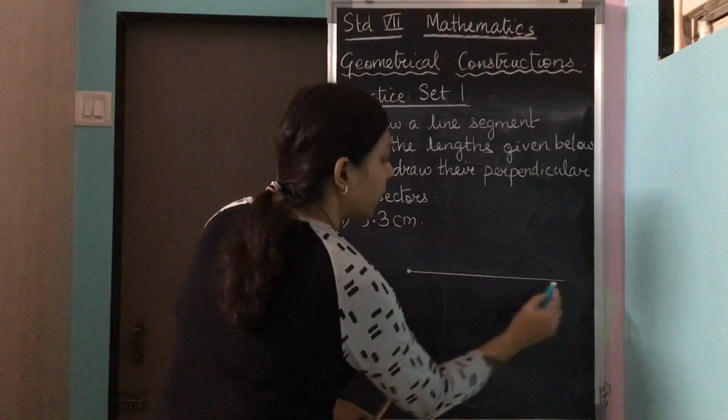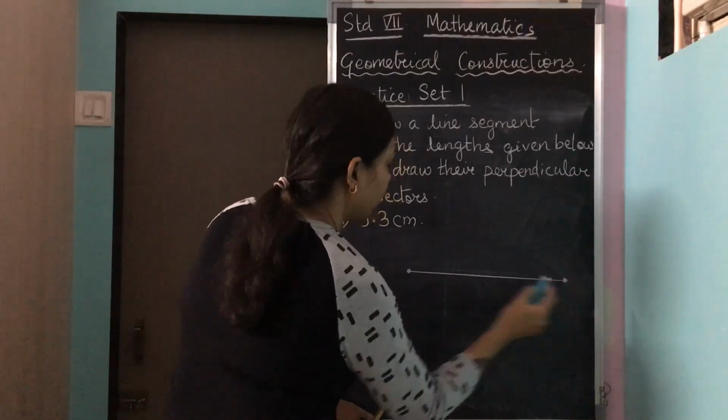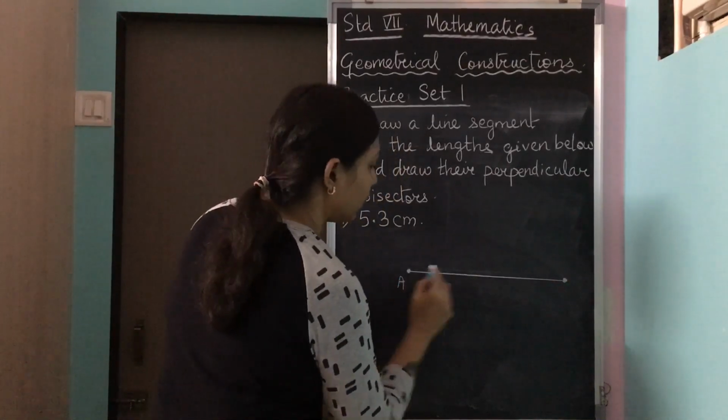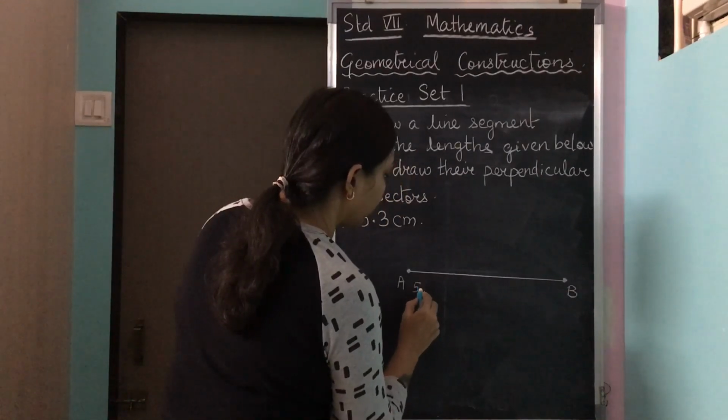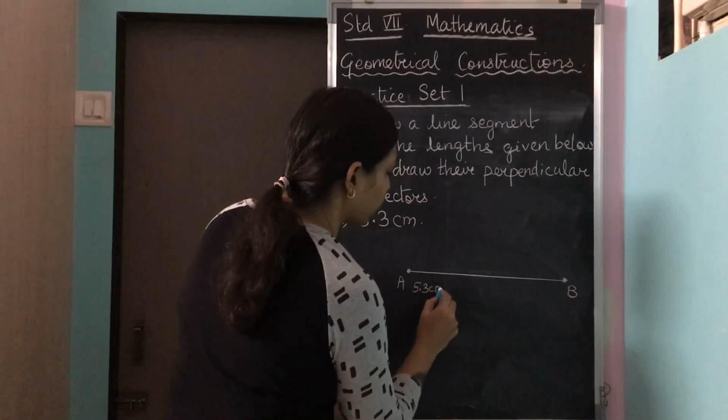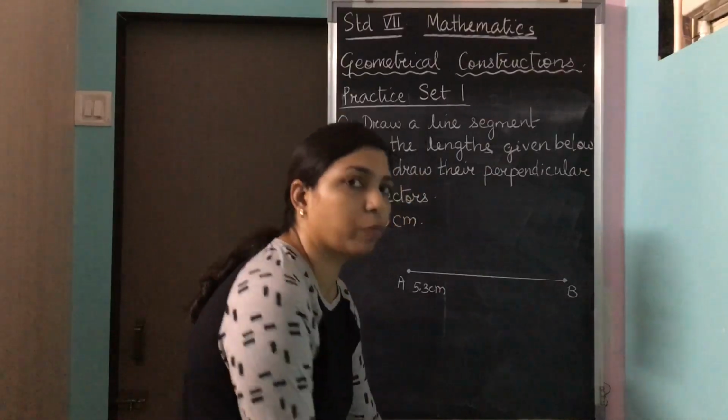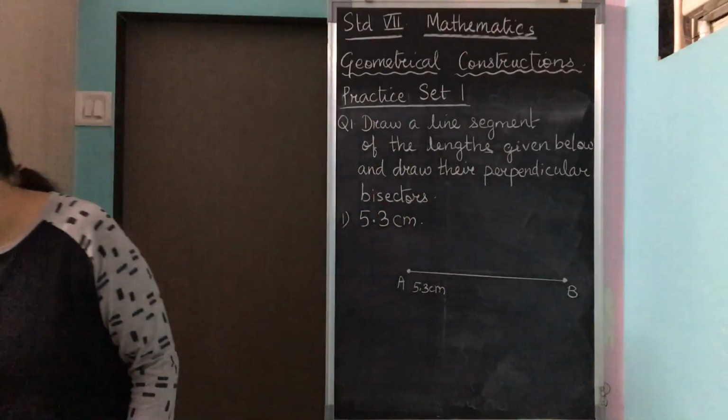I'll give a name to this particular line segment. I'll call it as line segment AB, which is of 5.3 centimeter.